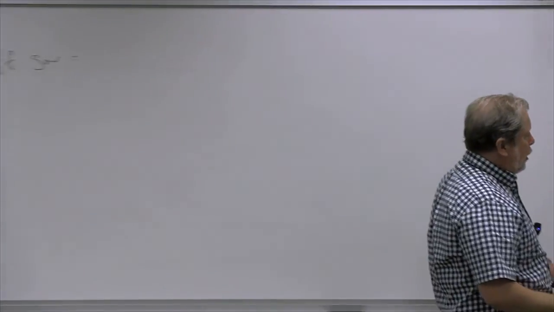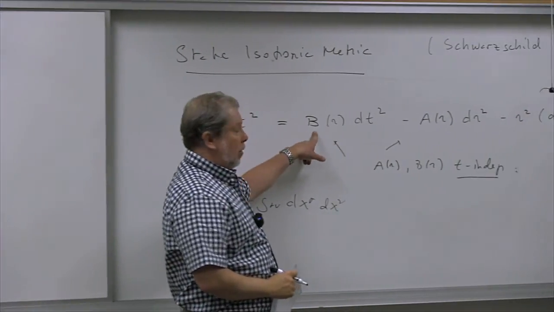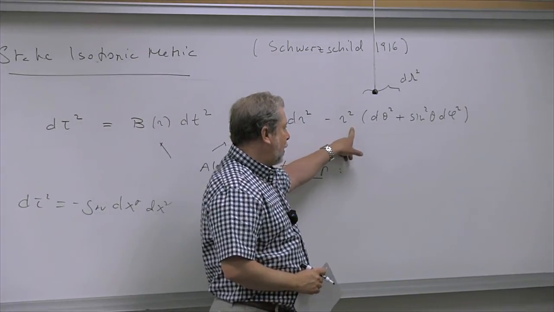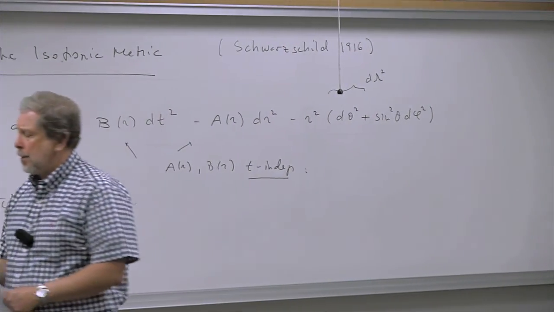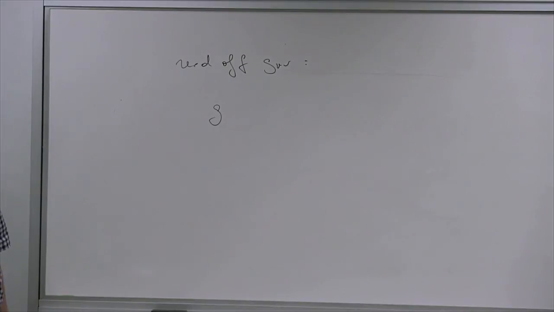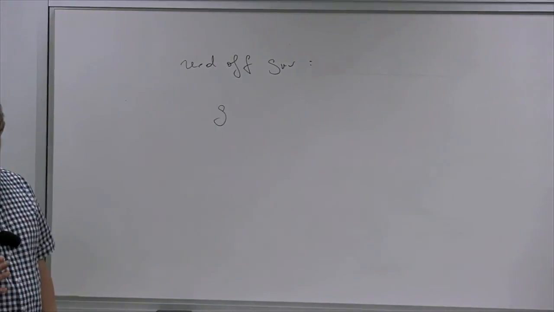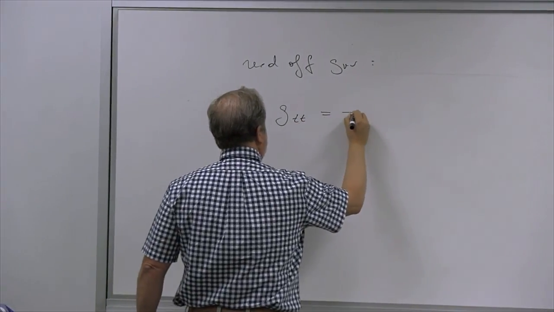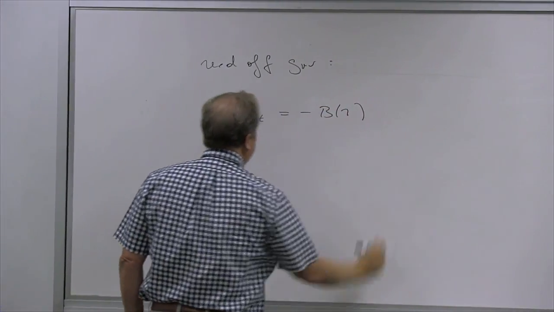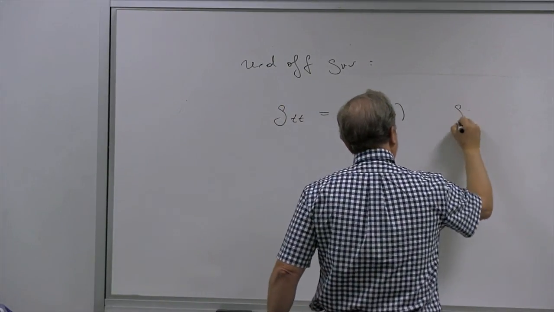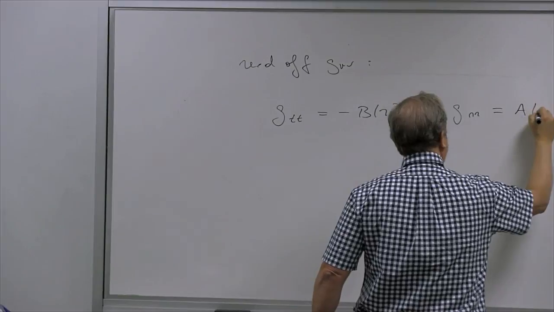And so the G naught naught is equal to this thing, and the GRR is this one, and then the G theta theta and G phi phi are given by these other matrix elements. So instead of calling it G naught naught, we just remember what the indices refer to. We have this GTT, and that's equal to minus our function B of R. And then we have the GRR, which is A of R here.